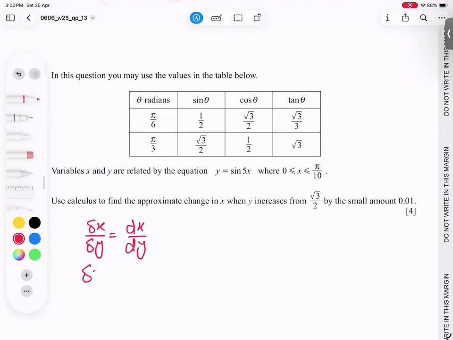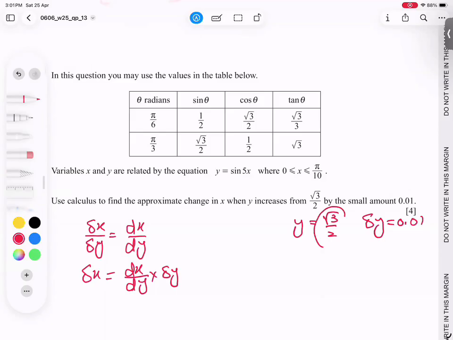It means delta x, which is called the approximate change in x, is dx over dy into delta y. Check it. He's saying when x increases from this, so this is called the y value. We can say y1, no problem at all. And how much small change, delta y, is basically given for us: 0.01.